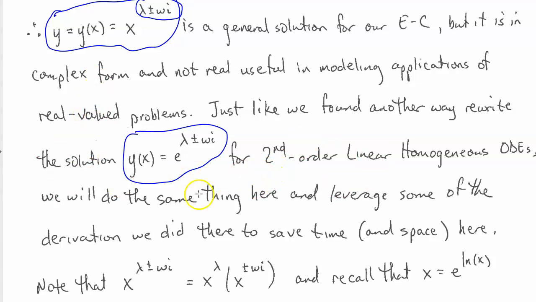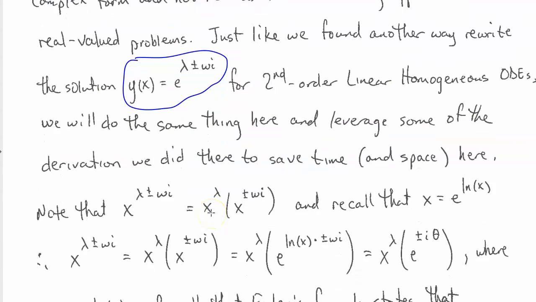Here is how we work our magic on this. First of all, we realize that since this is x raised to a complex number, but still following exponential rules, we could rewrite this as the product of a real part and an imaginary part, where the real part is x raised to the lambda, and we have x raised to the plus or minus omega i for the imaginary part.